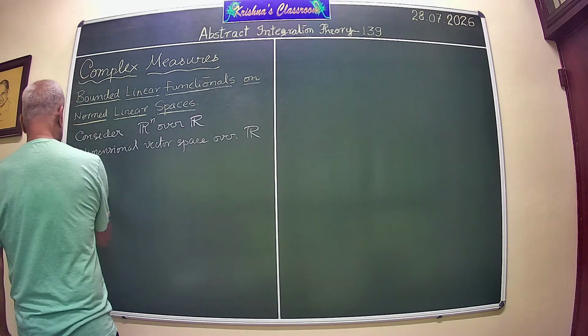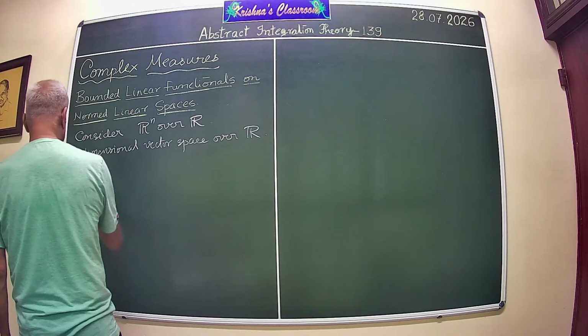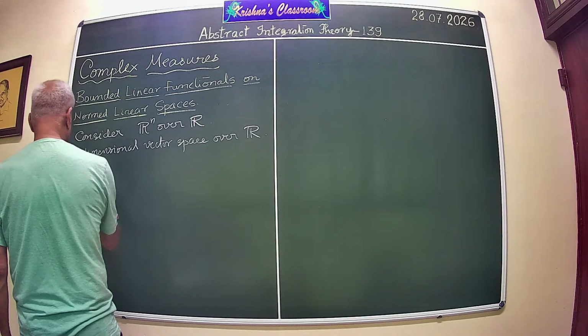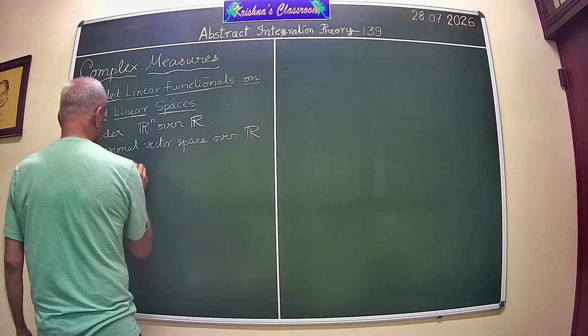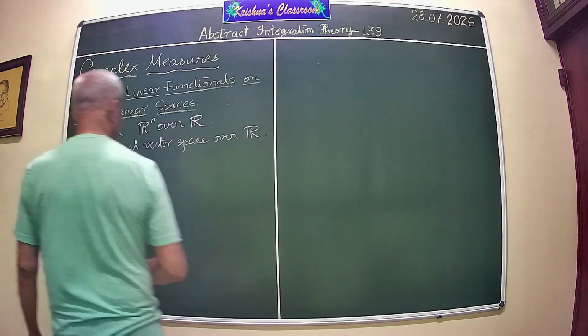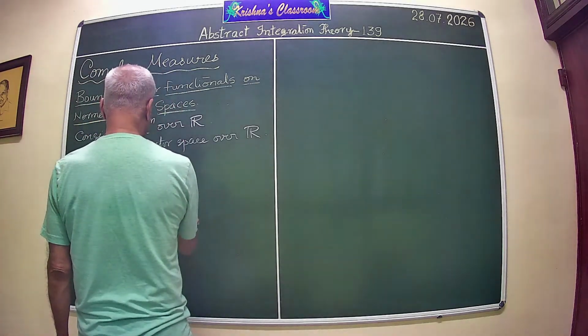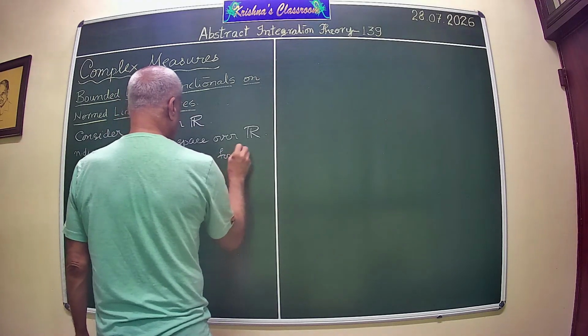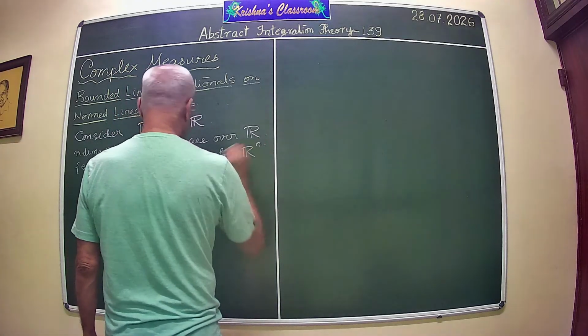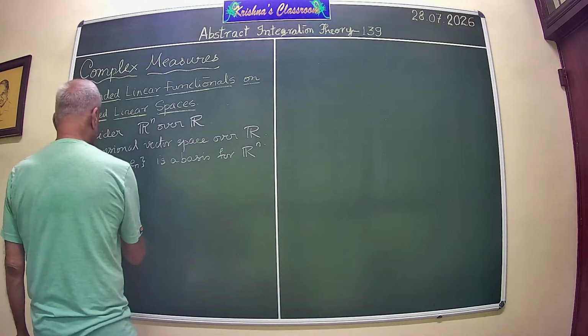So we take E1 to En is a basis for Rn, where Ei is equal to the vector with 1 in the i-th place and zeros elsewhere.